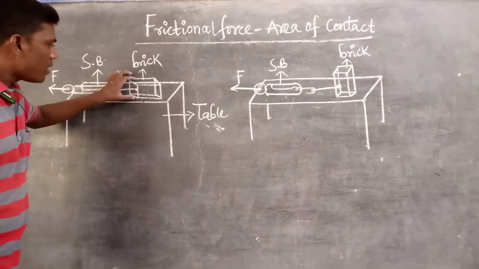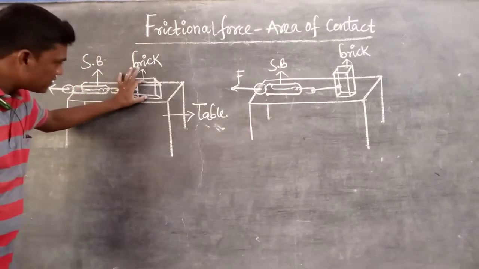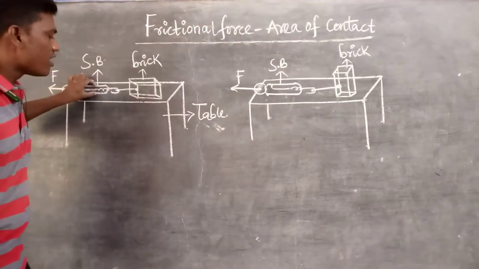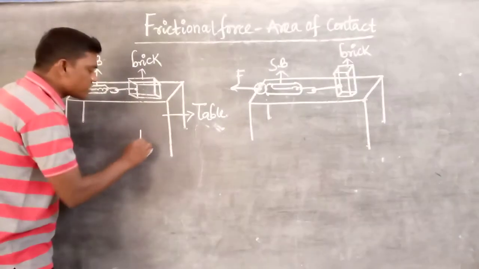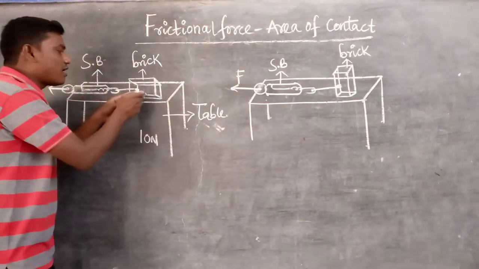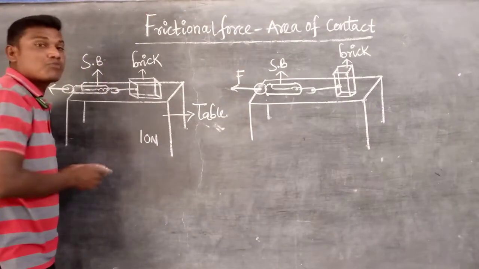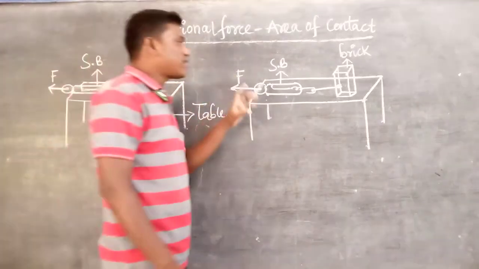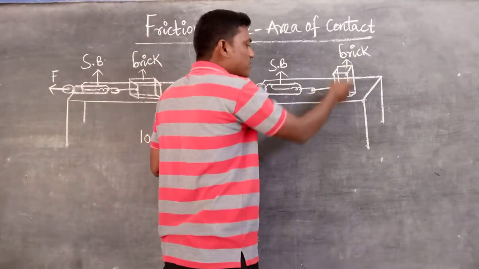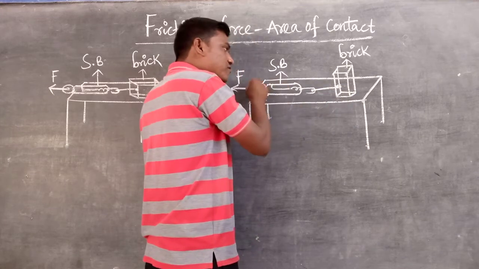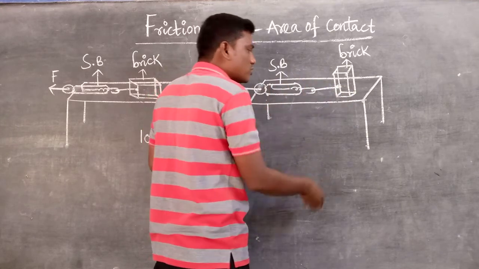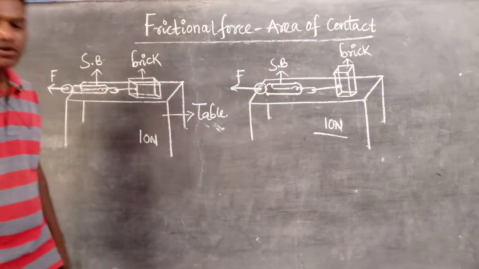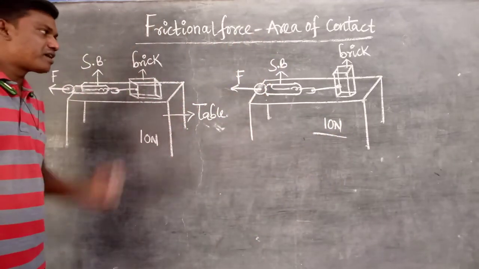So already you observed that when the brick is in horizontal position, the spring balance shows how much force is acting. For example, 10 Newton force is acting on the brick, and then it is set into motion. In the same way, when the same brick is placed in vertical mode and force is applied until it is set into motion, you observe that 10 Newton force is applied at that time.